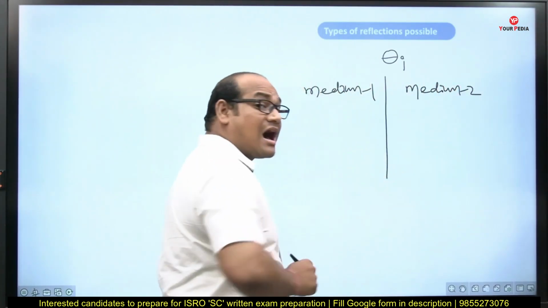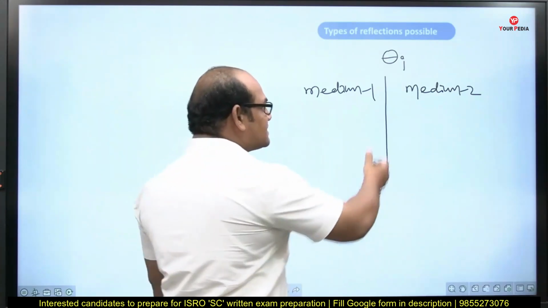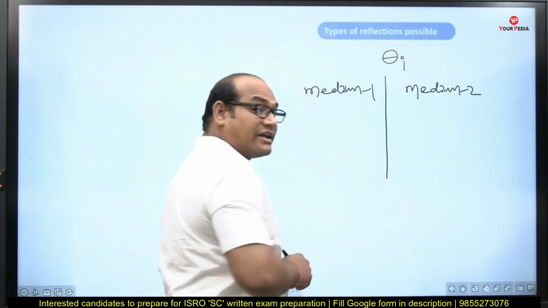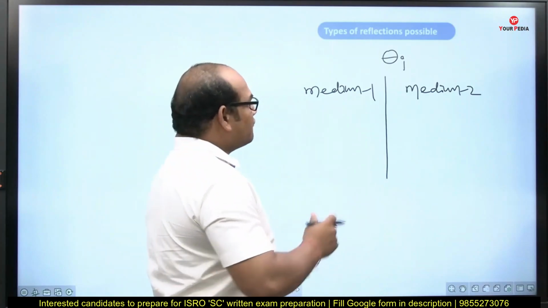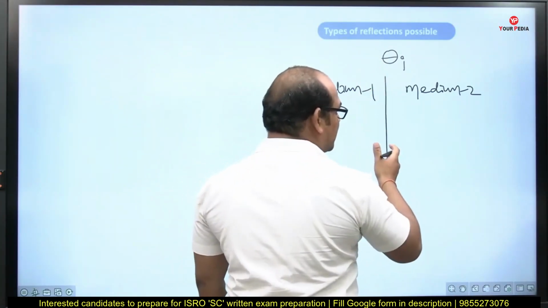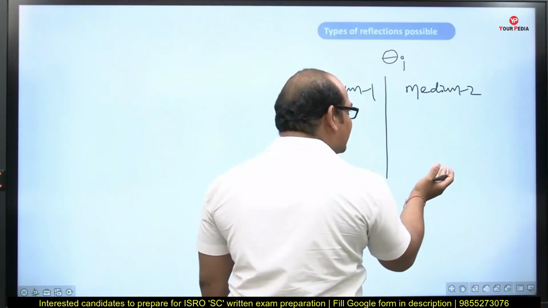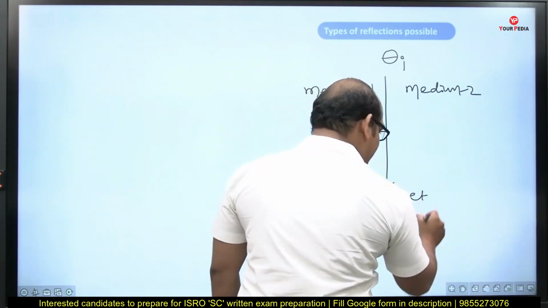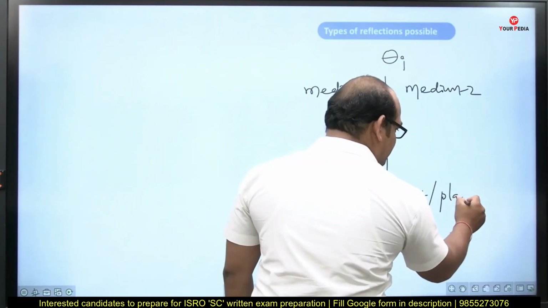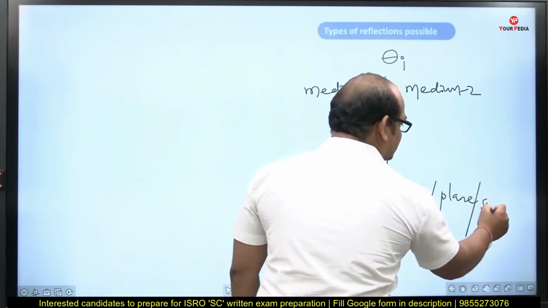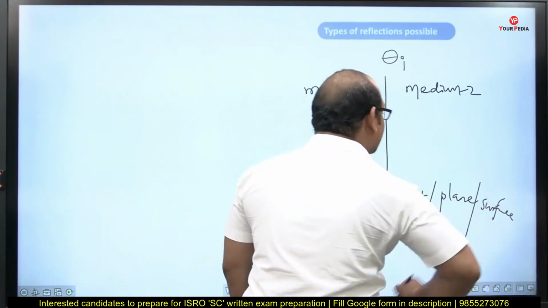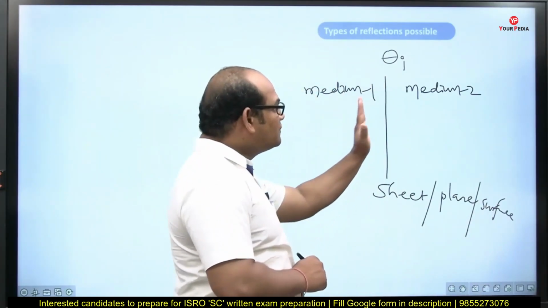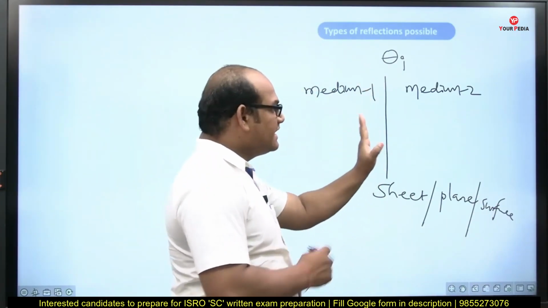These two media are separated by this interface boundary. We are seeing a line here, but actually two media can be separated by a sheet, plane or surface.